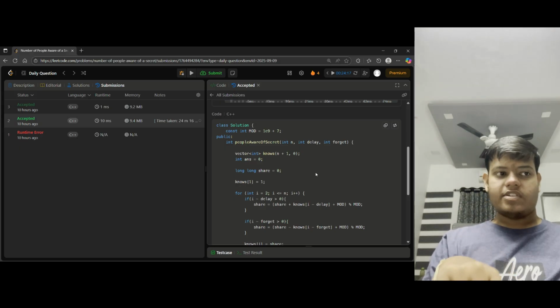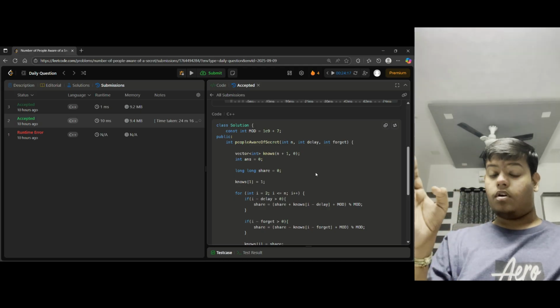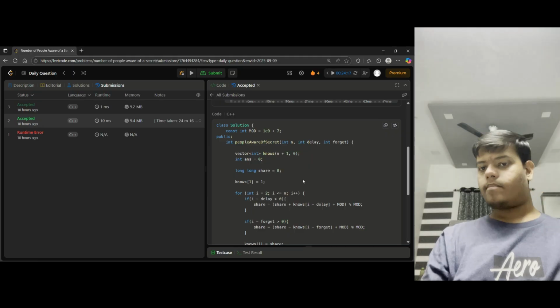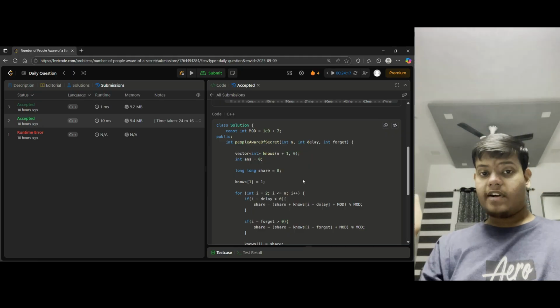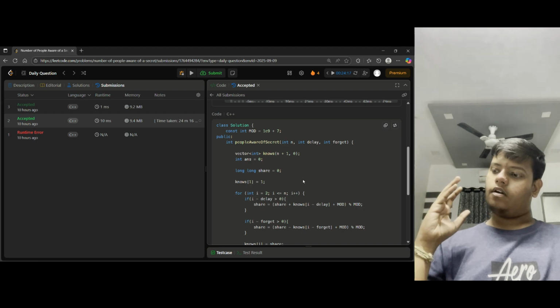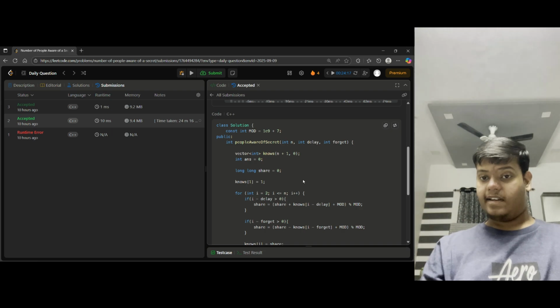And we also have to check that after forget days, they are going to forget whatever they know. So we have to subtract the knows of i minus forget, since they have lost the memory of that particular secret.